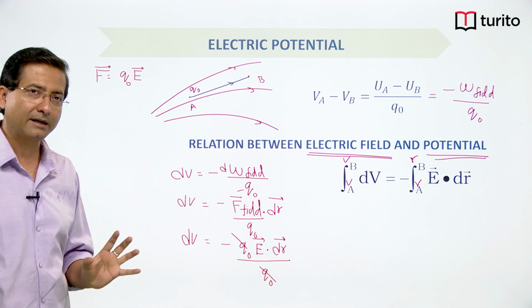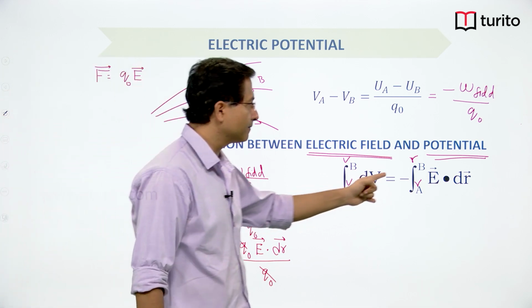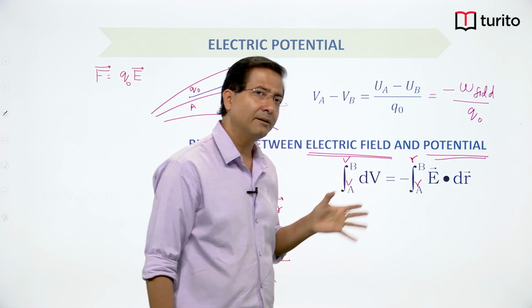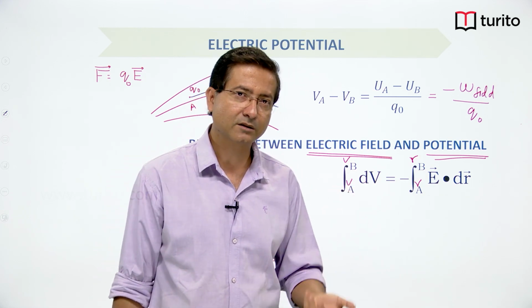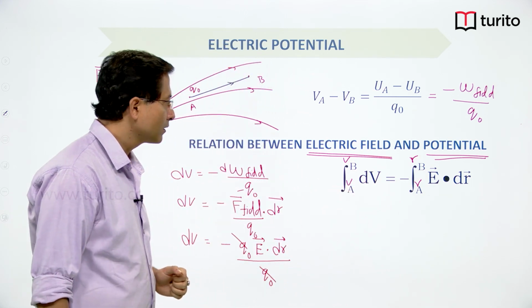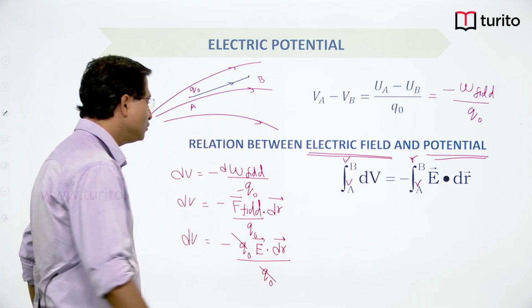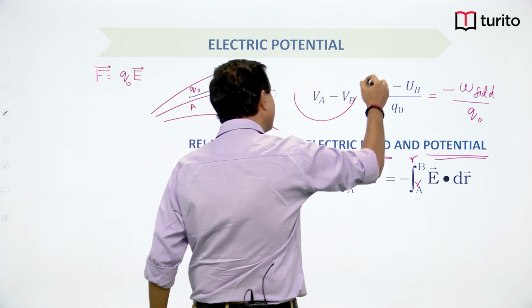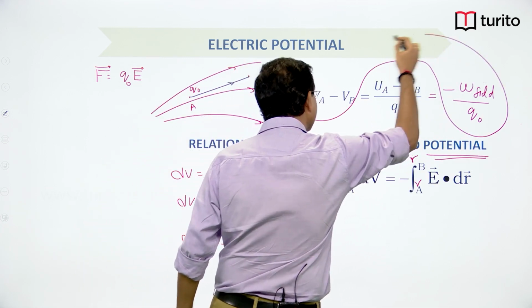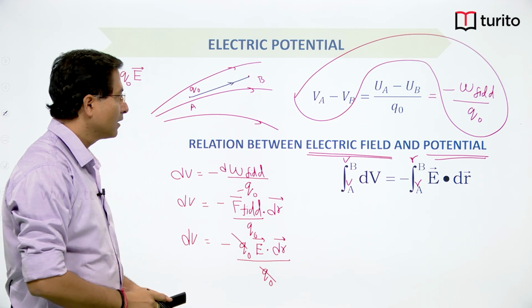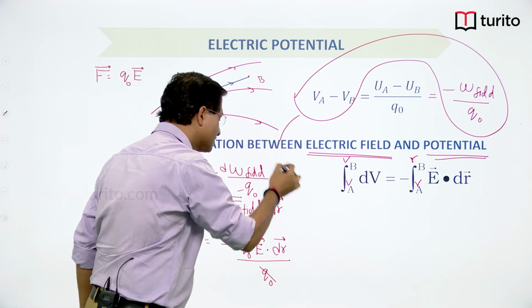What is the meaning of this minus sign? That we will understand later, but this is a very important result. So, keep this result in mind. So, using this basic definition, I got this result.